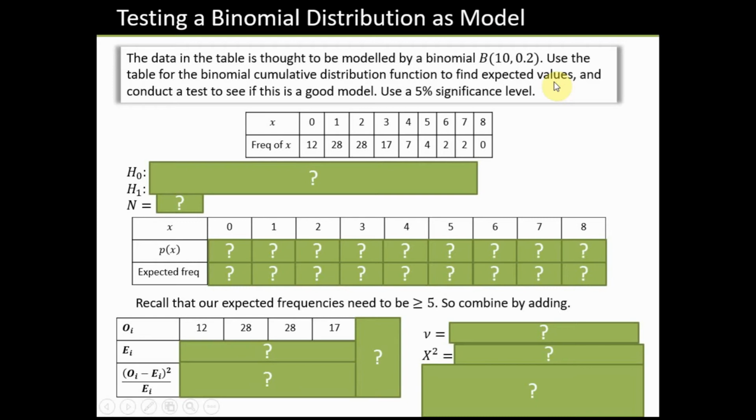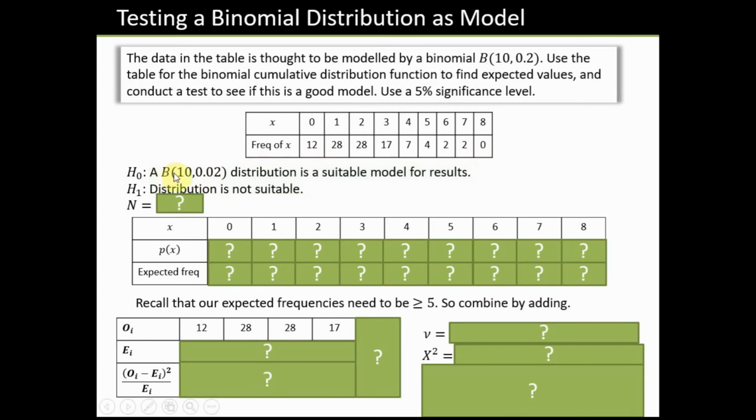So we'll have a look at how we do that and conduct a test to see if this is a good model, 5% significance level. So here are our frequencies. The null hypothesis is that that distribution is a suitable model, and the alternative therefore is that it's not. N in this case, well, we can add up our observed frequencies and N comes out to be 100.